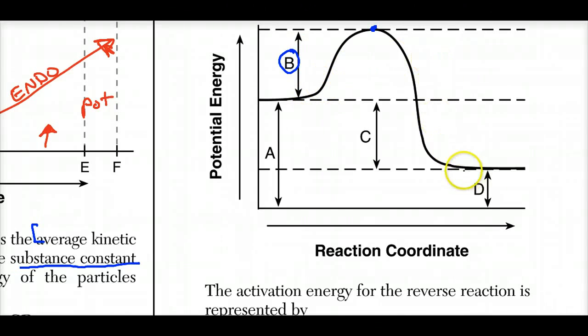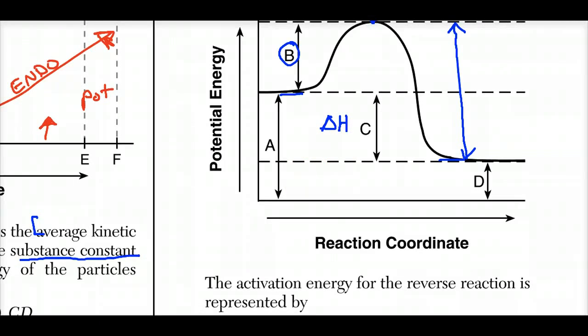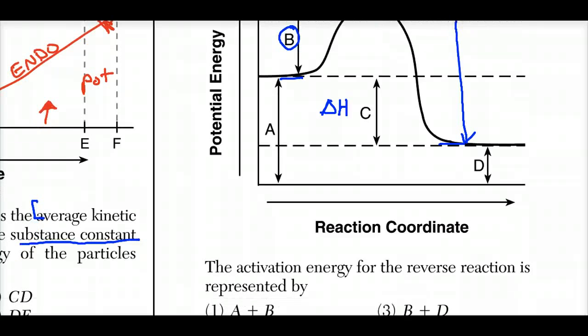If there was a reverse reaction, this would be the activation energy of the reverse. A is the potential energy of the reactants, D is the potential energy of the products, and C is the difference where we start and finish. That's your change in energy, or enthalpy, delta H. So we're looking for the activation energy for the reverse reaction.